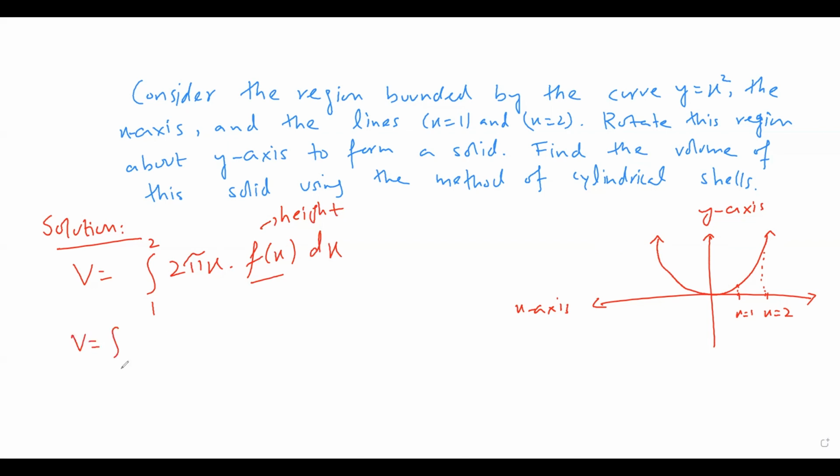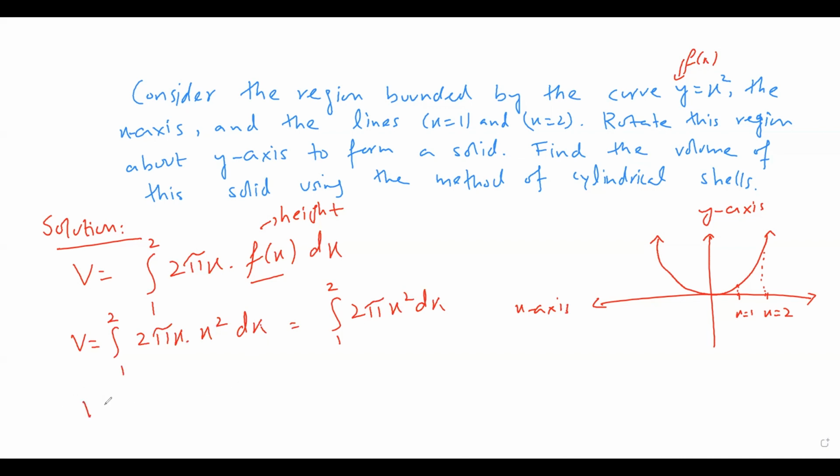So then V is equal to the integral from 1 to 2 of 2 pi x. f of x here is this y, which is x squared, dx. So this is equal to the integral from 1 to 2 of 2 pi x cubed dx, right?